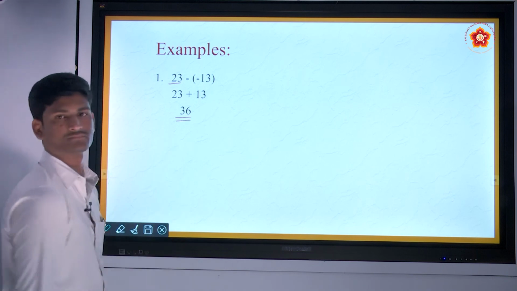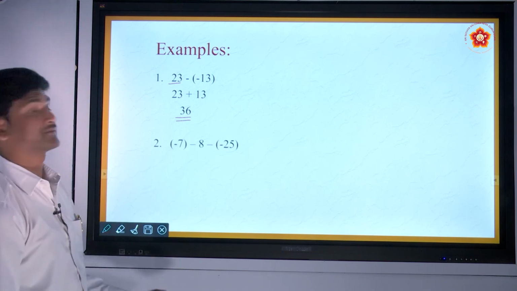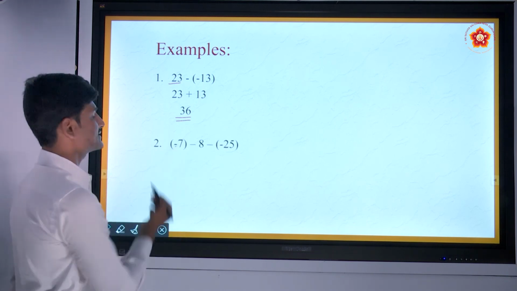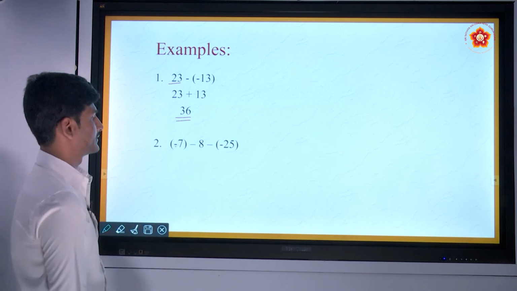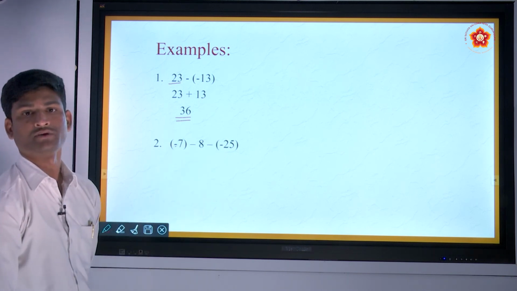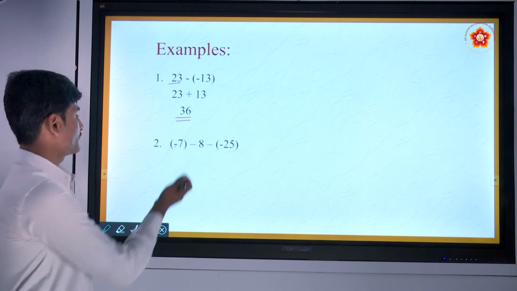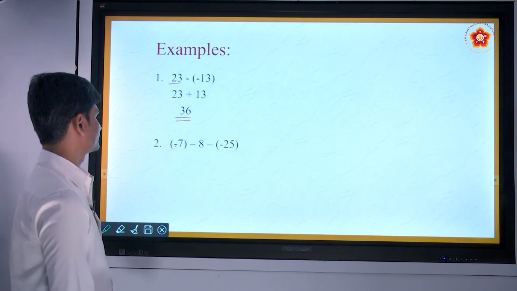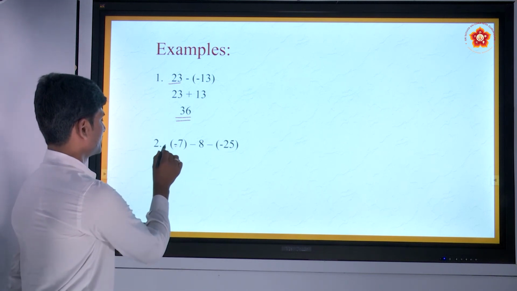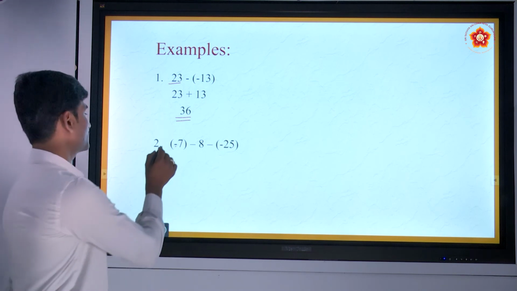36, right? And take second one, minus 7, minus 8, minus of minus 25, right? First we remove brackets. No sign, we put plus.